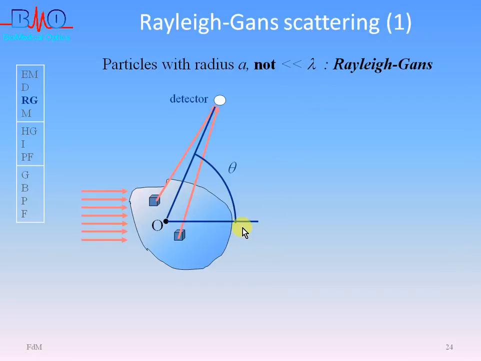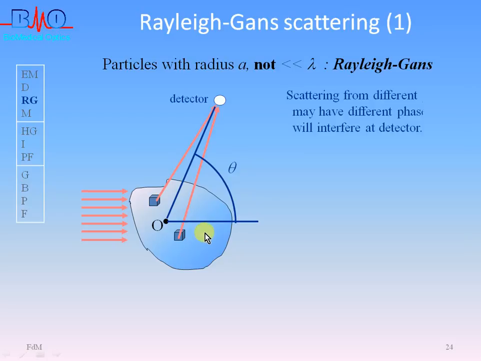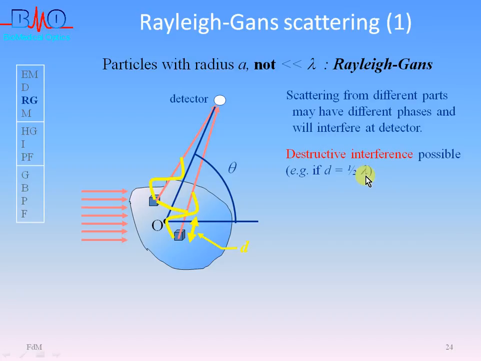Here is the situation, scattering volume, and now scattering from different parts may have different phases, and then we can expect to encounter interference at the detector, and when the distance difference between the two scattering volume elements is unfavorable, then we will have destructive interference, as is seen here.